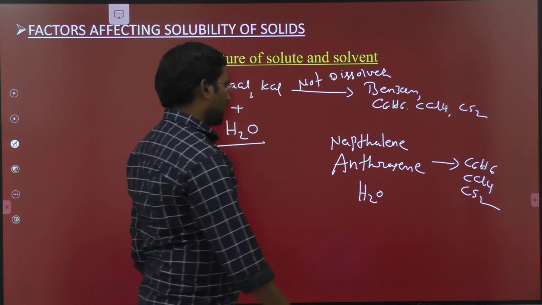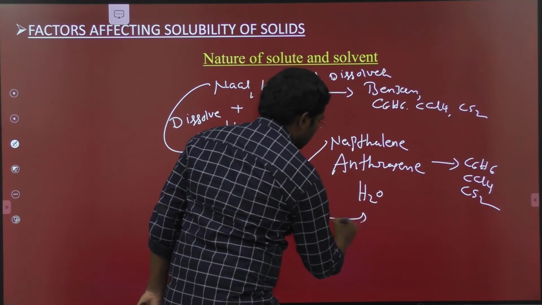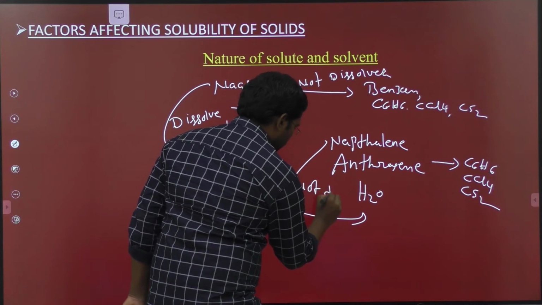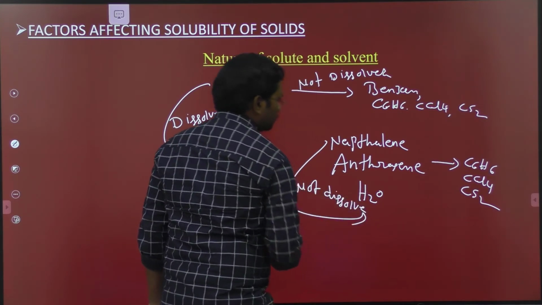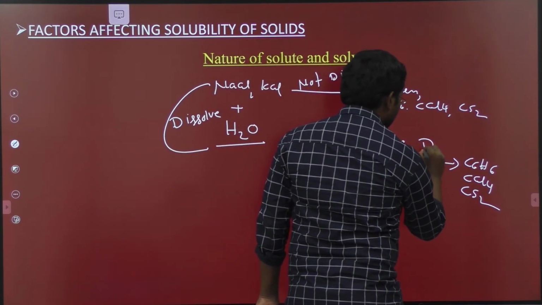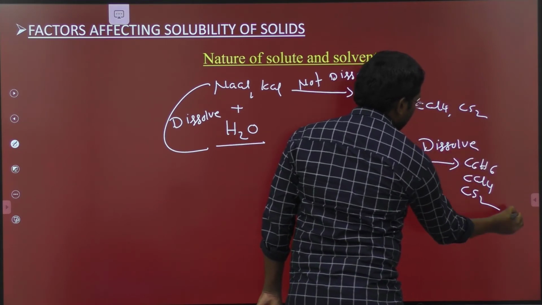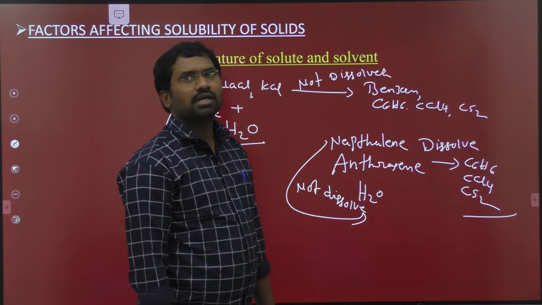In the case of naphthalene and anthracene, they are not dissolved in water, but they can be easily dissolved in benzene, carbon tetrachloride and carbon disulfide.